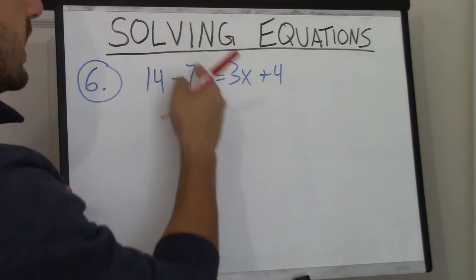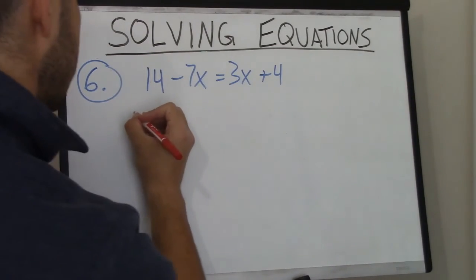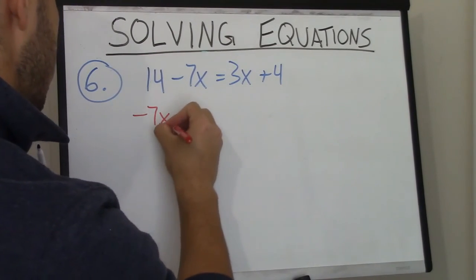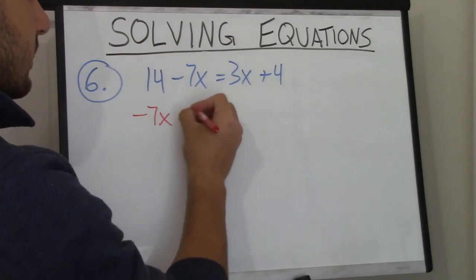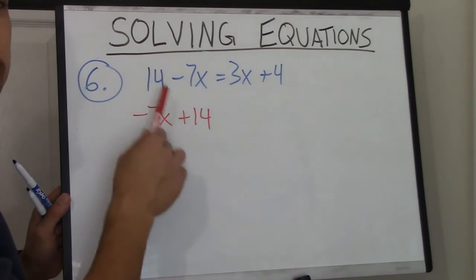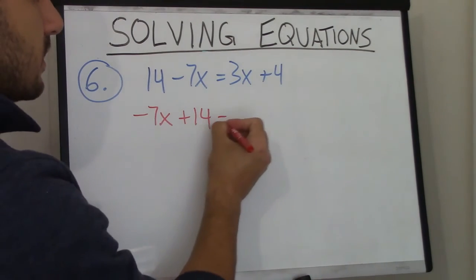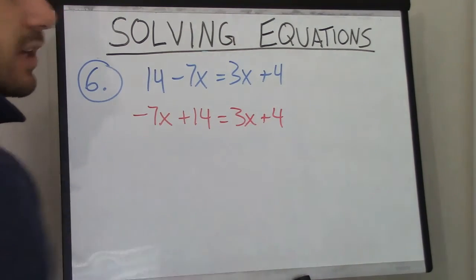So I'm going to move the negative 7x, got to keep the negative with it. That's going to come first. And then my constant's going to come second. So since it's a positive 14, I'm going to have a plus 14. So I'm just rearranging the terms to put it in simplest form. And the other side is already in simplest form, so I'm just going to bring it down.